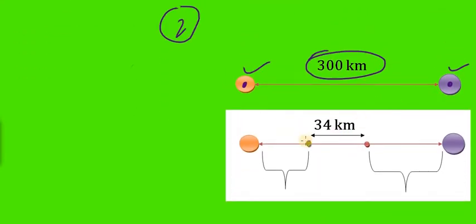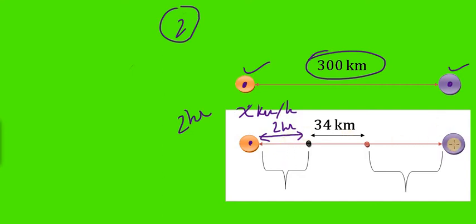Let's understand this. So we know that after 2 hours, these two motorcyclists would have covered some amount of distance from their respective stations, isn't it? So let's say that the motorcyclist who has x kilometer per hour speed is starting from this station, okay, and he has covered this much distance in 2 hours.